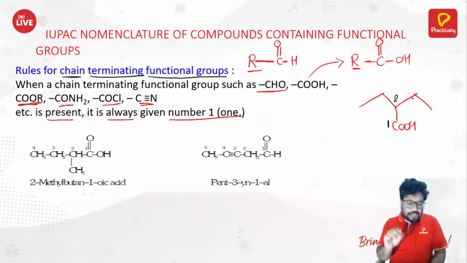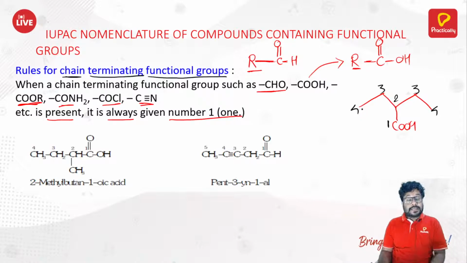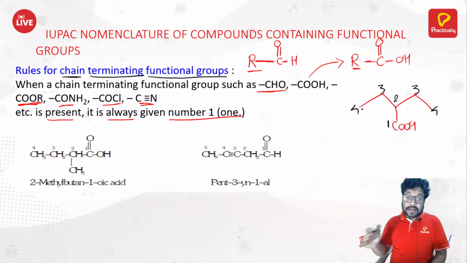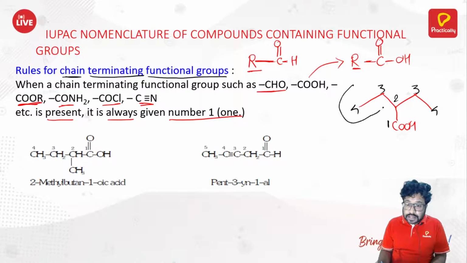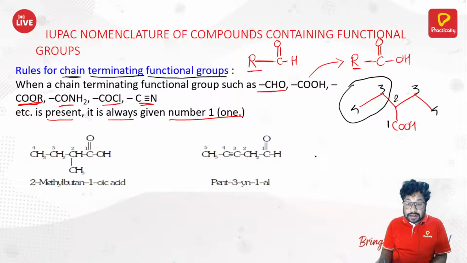As far as this particular example is concerned, 1, 2, 3 and 1, 2, 3, 4. So this is the same. Even if you go to the left hand side or the right hand side, it is one and the same thing. So this part is your substituent. Suppose I go to the right hand side, that part becomes the substituent. What is that substituent? Ethyl, right?